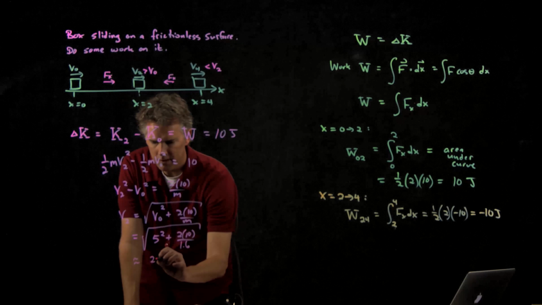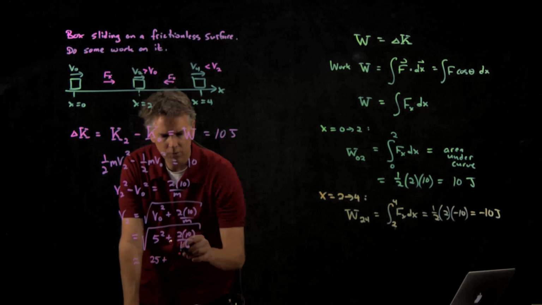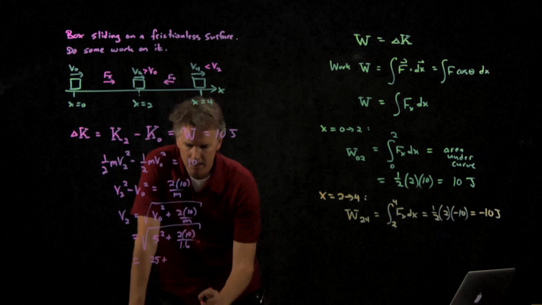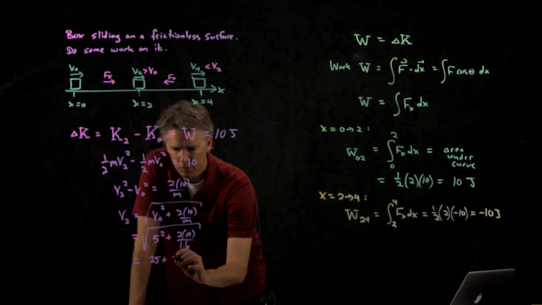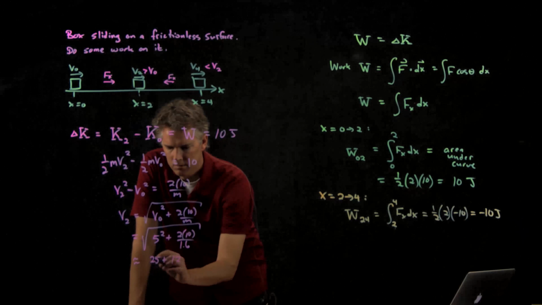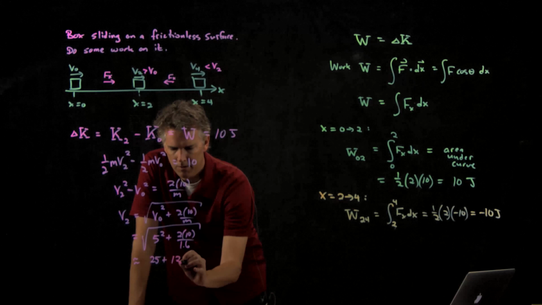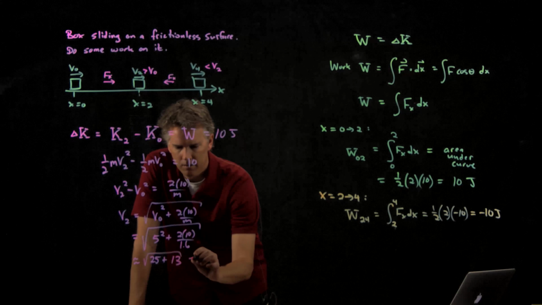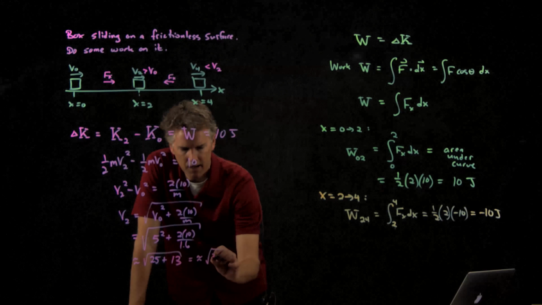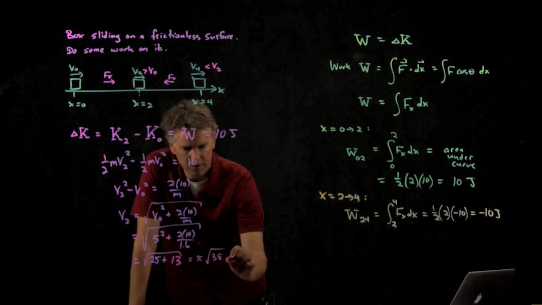So this is 25 plus 20 over 1.6, which has got to be about 12, maybe a little bit more, 13, let's say. So this is the square root of 38, which is pretty close to 6.